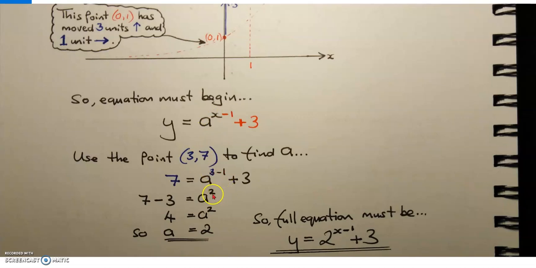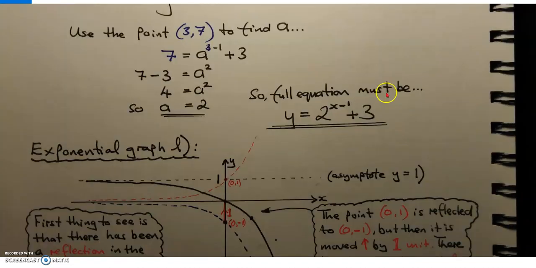And 3 minus 1 is 2, so it's a squared. Take this plus 3 over the equal sign, goes to 7 minus 3, which is 4. So a squared is 4. So if we take the square root of 4, we get a is 2. Okay? So the full equation must be y equals 2 to the power of x minus 1, all plus 3.